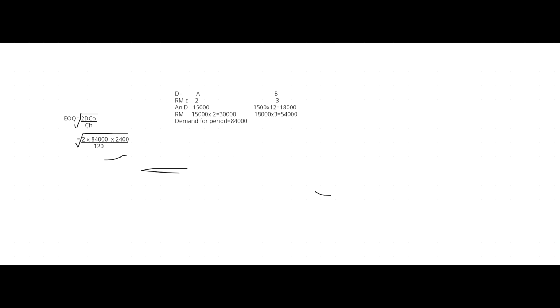If you simplify this, you can get the answer as 1,833 units of raw material. That's our first question's answer, the optimal order size. Then go to the second question, inventory cycle.